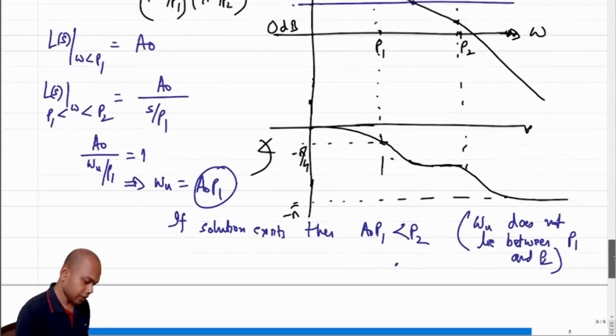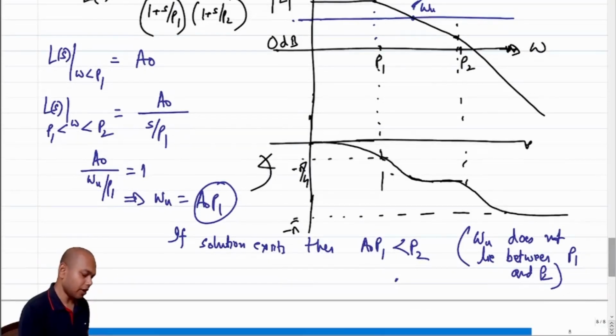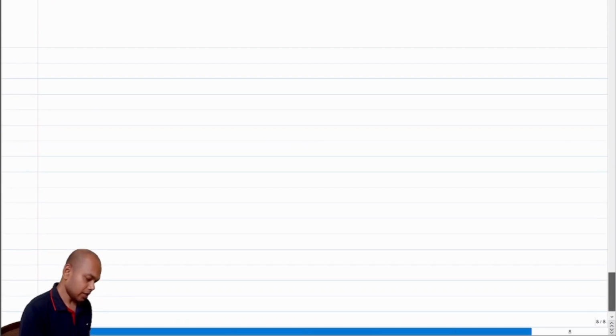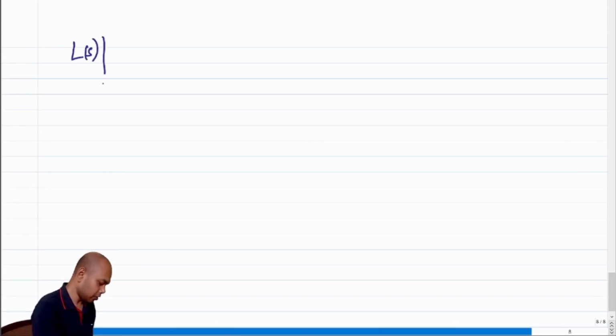And if this is not true, then obviously you have to evaluate L of S in the third segment. So L of S for omega greater than P2 is A naught S squared by P1 P2.